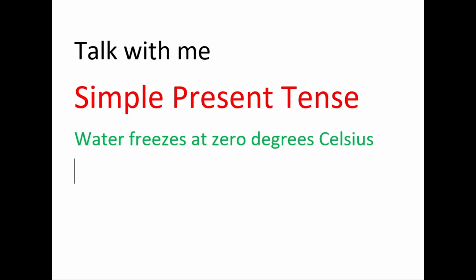And the second one, the sun rises in the east. So these are general truths and facts that are permanent or universally accepted.